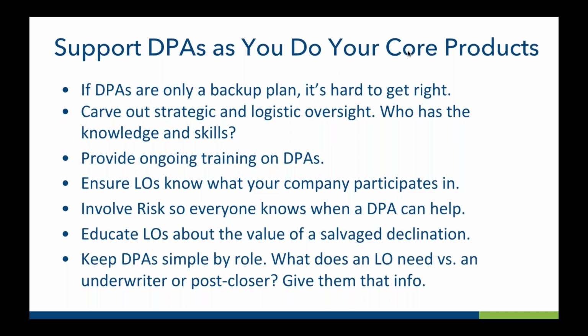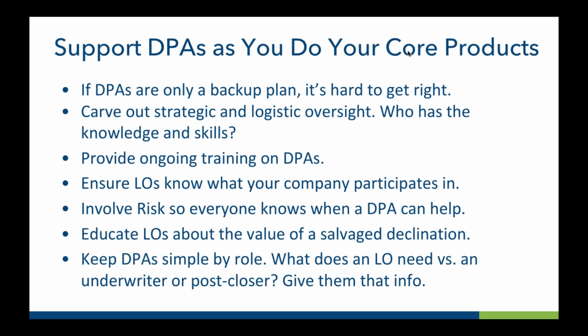But then logistics too. What's the process for a loan officer to originate a DPA attached to a mortgage? What's the process and risk for making sure that you don't decline a loan unnecessarily or when it doesn't have to be? And then who has the knowledge and skills to help out in those regards?